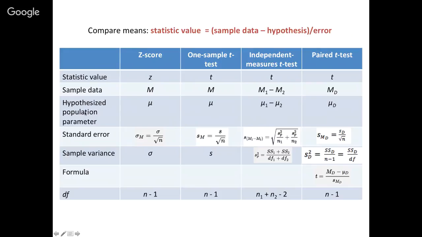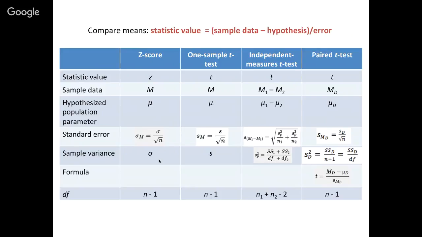The hypothesized population parameter, which is this term, is the population mean before treatment. The standard error means the error term here. We use this formula to compute it. And this is a sample variance, right? We need this term to compute the effect size.